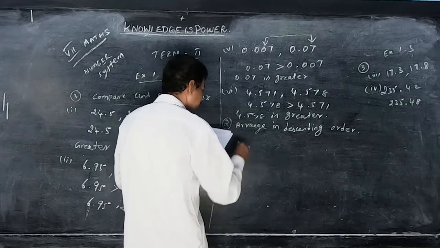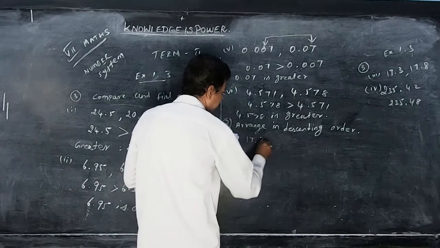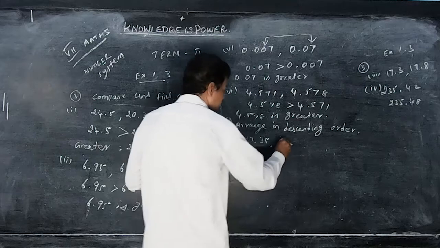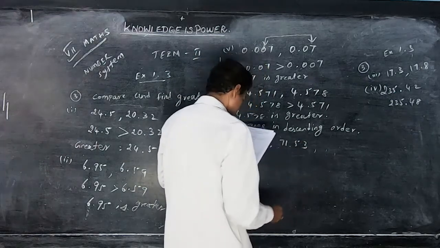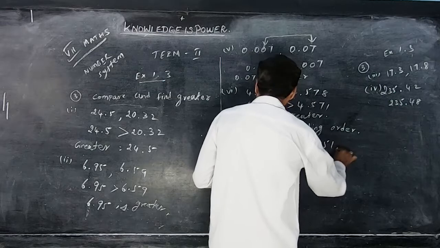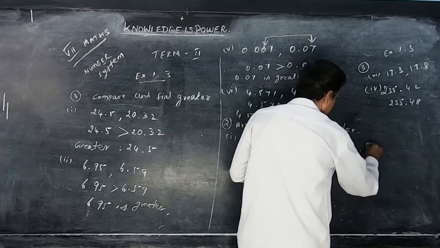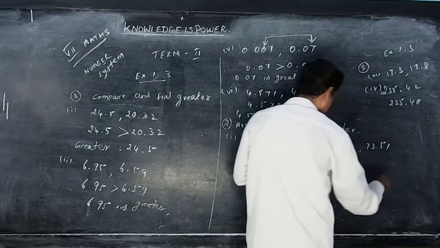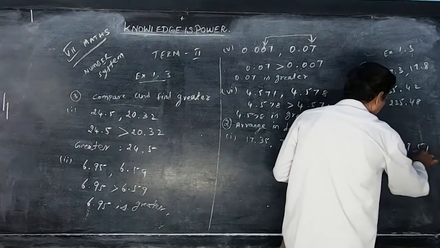So what is the first thing I am writing here? Listen, 17.35, 71.53, then 51.73, 73.51, and last one 37.51.